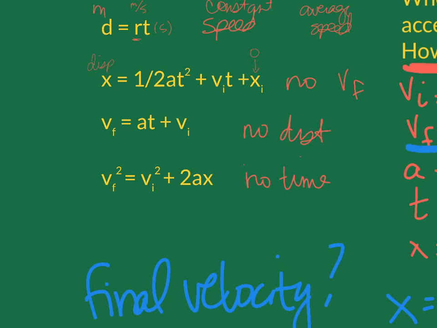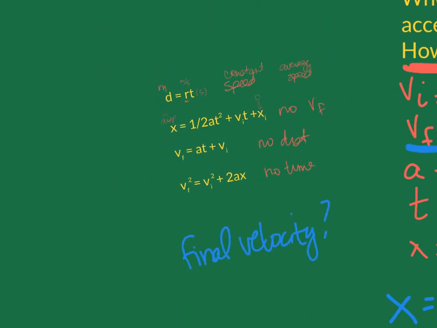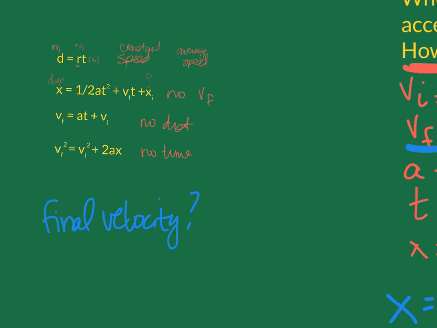Do you see that? That has final velocity and that has final velocity. Well, guess what? Since we know everything else, then it doesn't matter which equation we use.